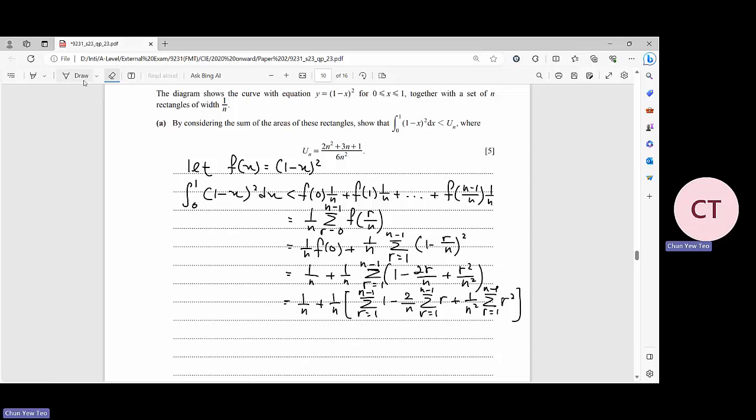So what you need to do now is just need to refer to the formula booklet on how to find the series. Okay, so we have the formula in the formula booklet, MF19. This one will be n minus 1, n over 2.